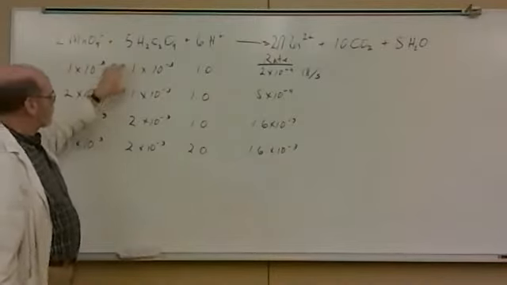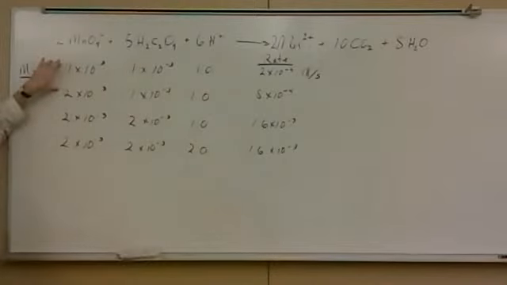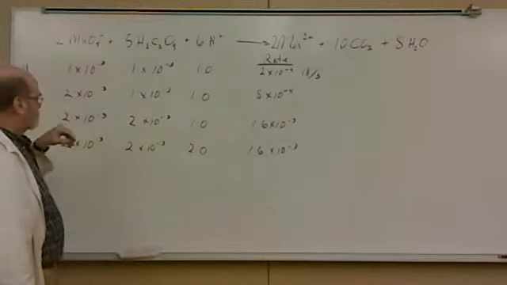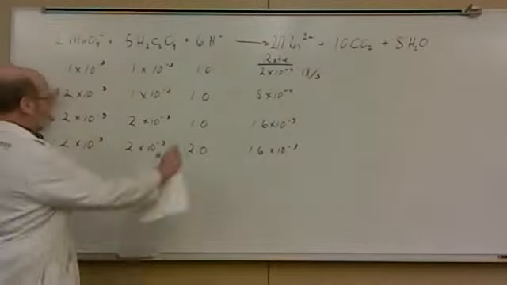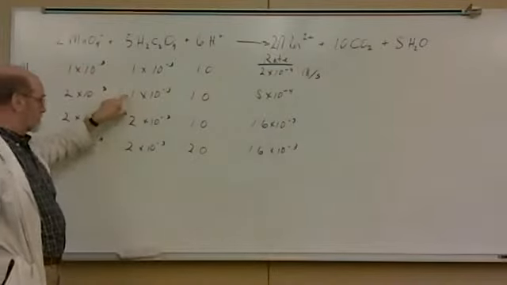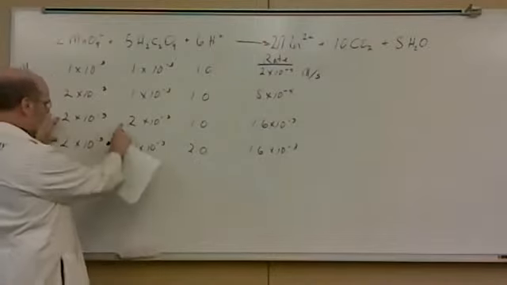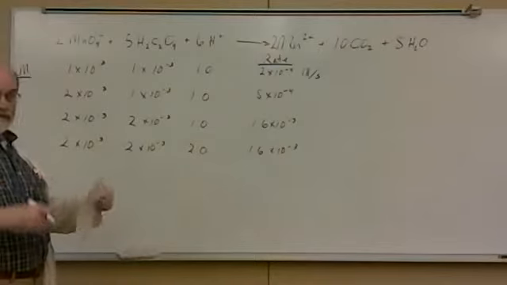So we hold that one constant and that one constant. This is the one that we let vary. Then once we determine what that one is, we hold this one constant and that one constant. Then this one varies. Then we hold this one constant and that one constant and that one varies. Then we get a handle on each one.